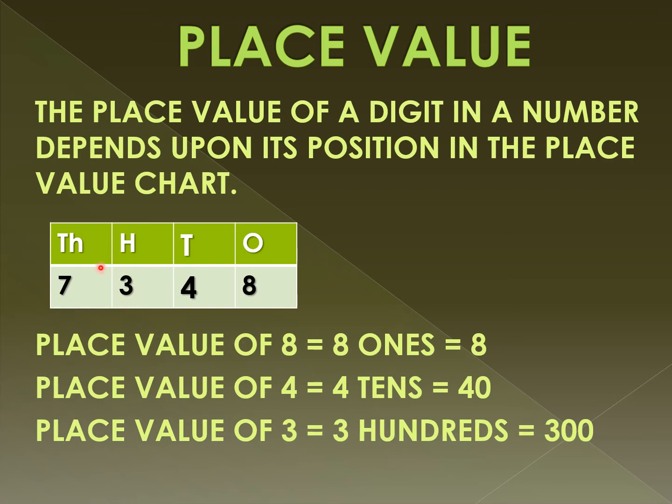Let's look at 3. The place value of 3, which is placed in the hundreds place, is 3 hundreds, and 3 hundreds is written as 300. So the place value of 3 is 300.